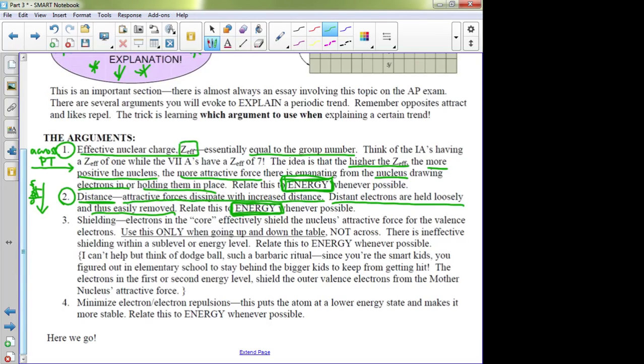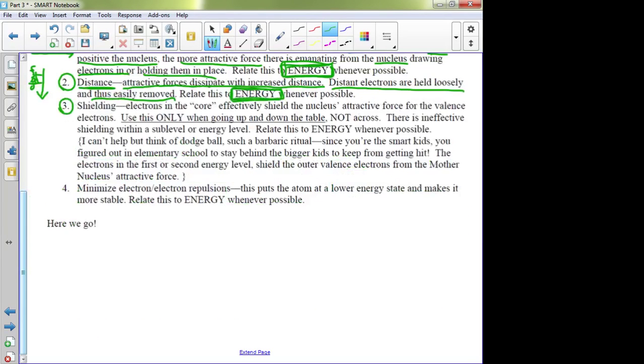We see this? We understand this? Okay. All right. Number 3. Shielding. Shielding is one of those arguments that you can use as long as you properly understand it, and you know that the absolute only time that you can use this argument is if you're going up and down the periodic table.